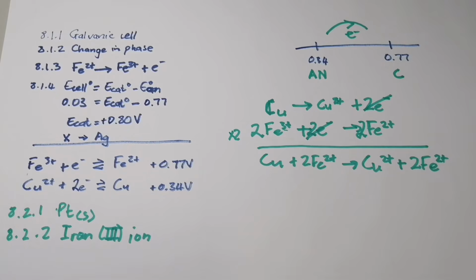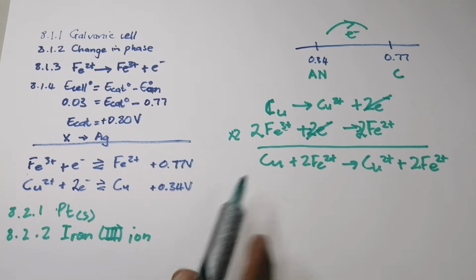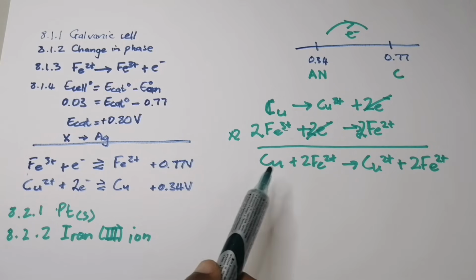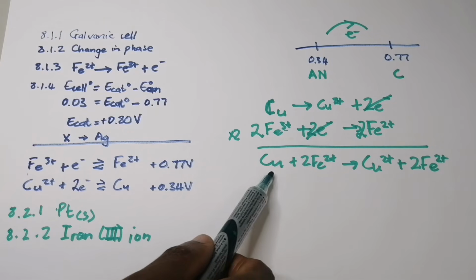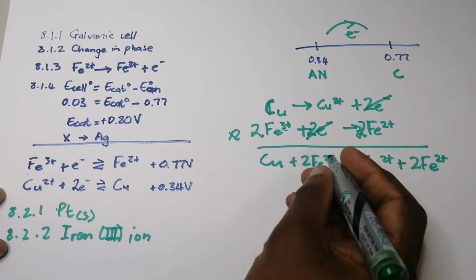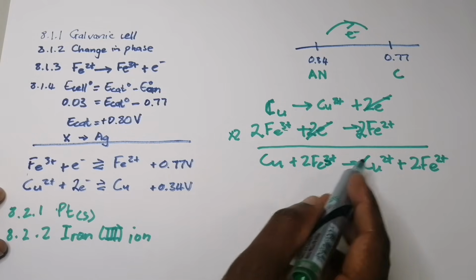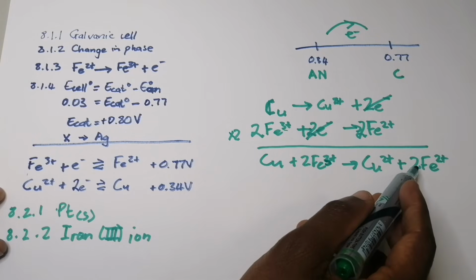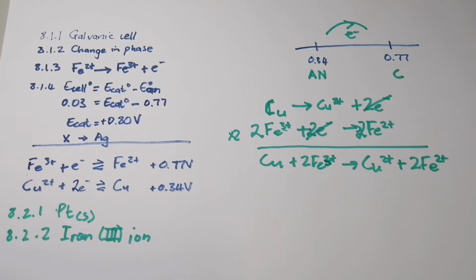In fact, I don't even need to write that down. You just copy that exactly as it is. The reason they mention it's balanced is because we had to go through that process where we make sure it's Cu plus 2 Fe3+ giving us Cu2+ plus 2 Fe2+. You can write that there, and that is your net cell reaction.